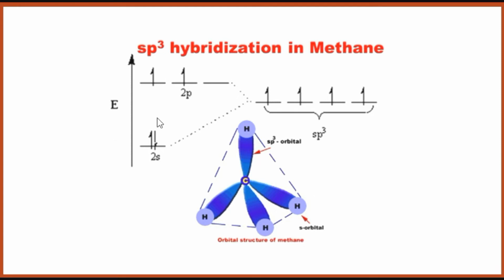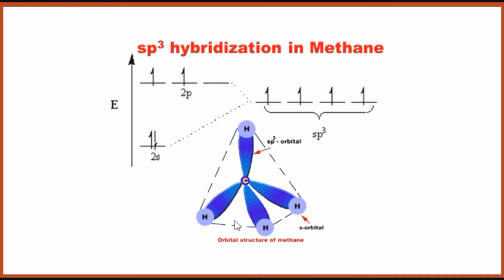And when these s and p atomic orbitals intermix to form hybrid orbitals, the energy level of the hybrid orbitals would lie in between the energy levels of 2s and 2p orbitals. So here all 4 hybrid orbitals would have equal energy, having 1 electron in each, and the same shape as drawn here.